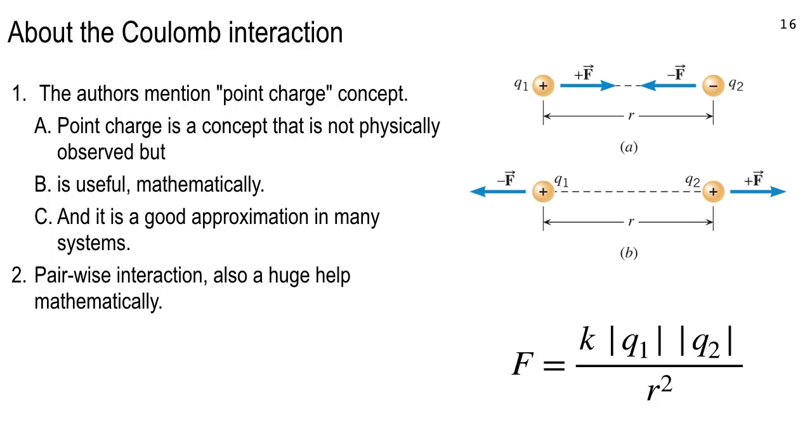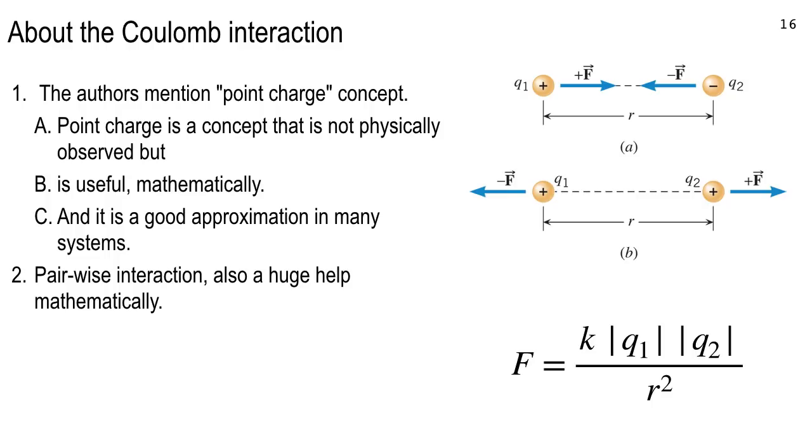Photons are the quanta that mediate the electromagnetic interaction between electrons, positrons, protons, and everything else that has electrical charge. And the fact that it's a pairwise interaction, so point charge to point charge, is important.